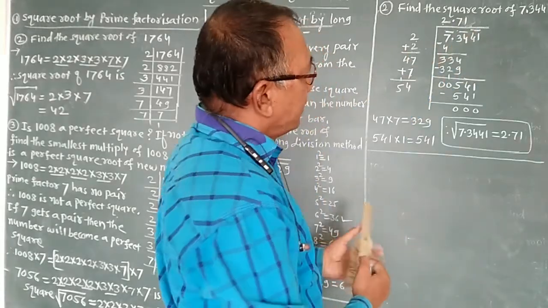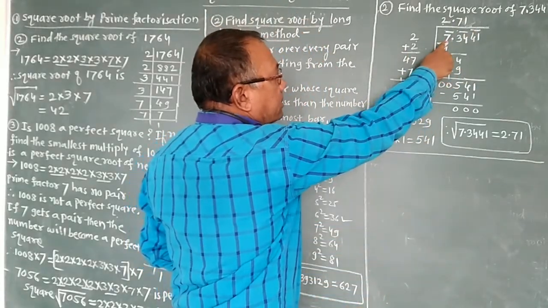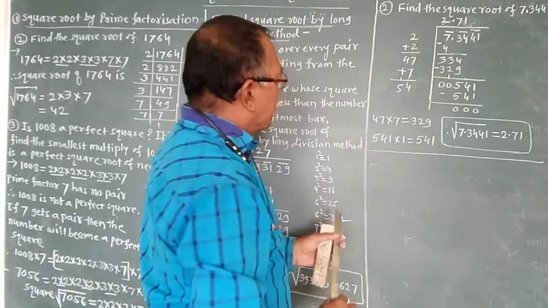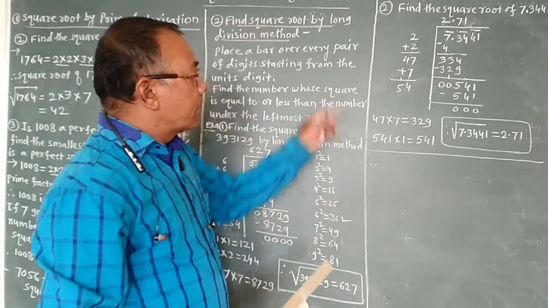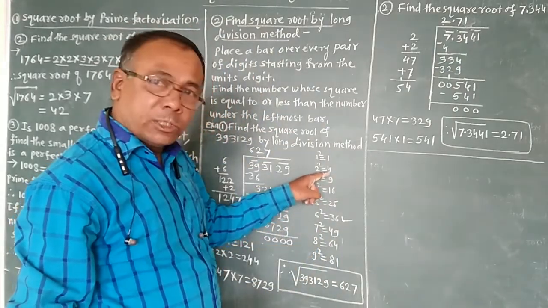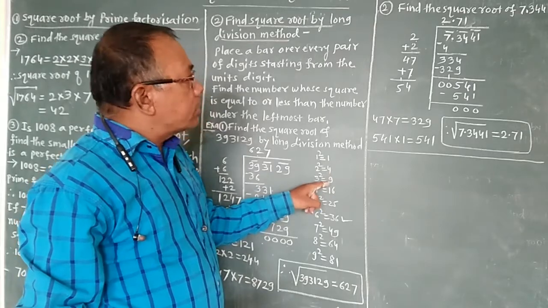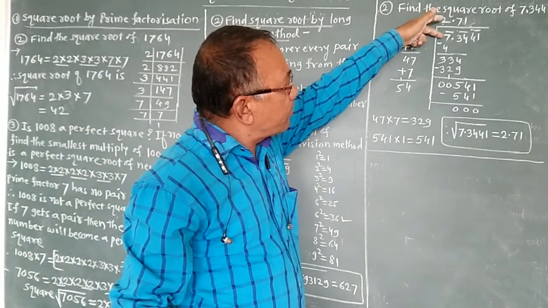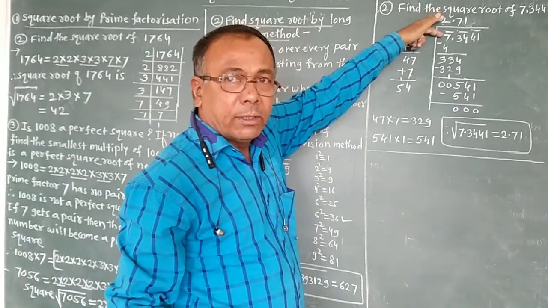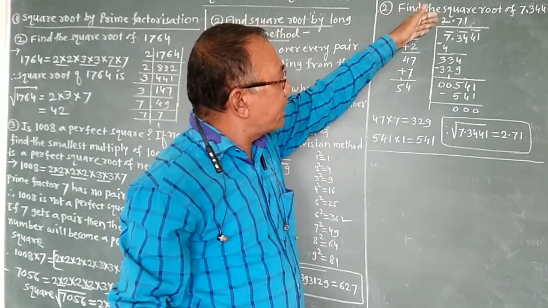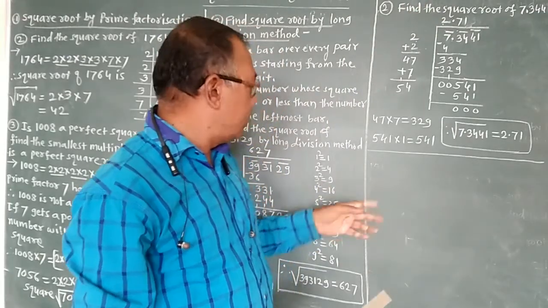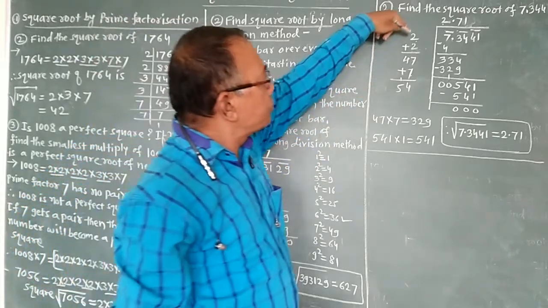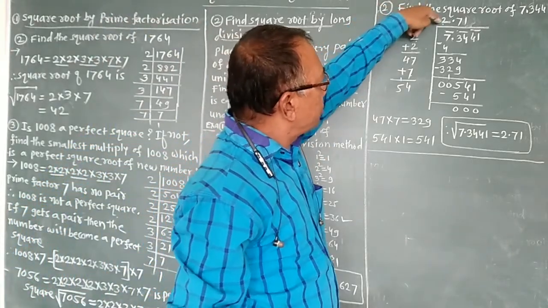Here 7 is the first pair, and we have to find the number nearest to 7, and that is 4, because 9 cannot be subtracted from 7. So 2 squared is 2 times 2, which is 4.